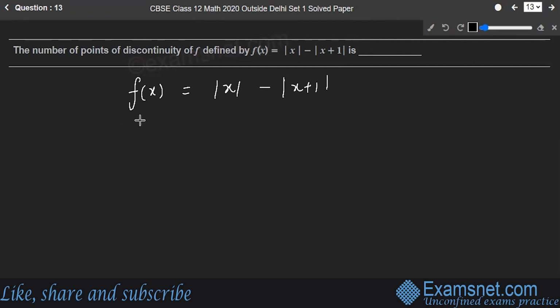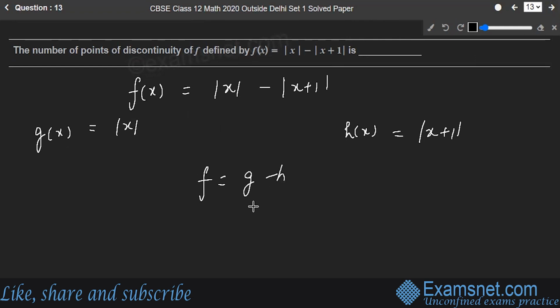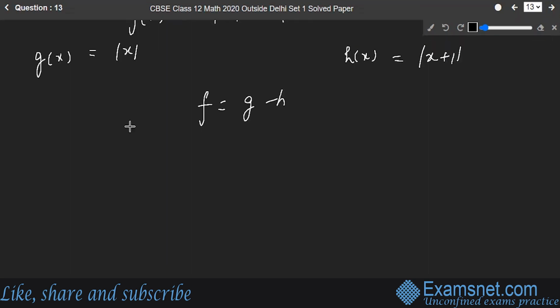So the two given functions, let's say g(x) and h(x), will be defined as mod of x and x plus 1. Now this function is actually g minus h. The continuity of g and h has to be examined first. So let's go for that.